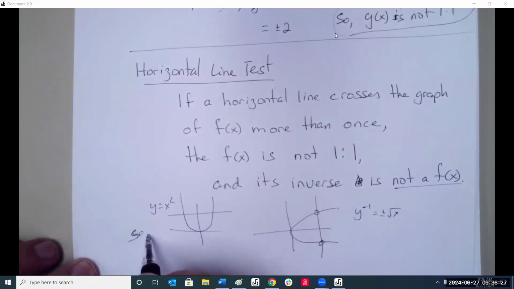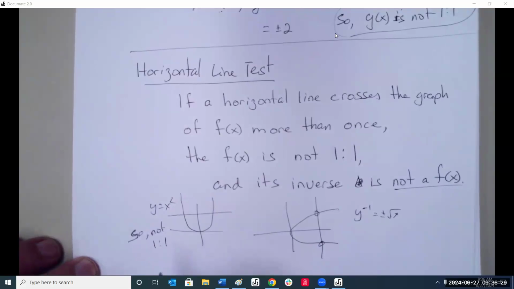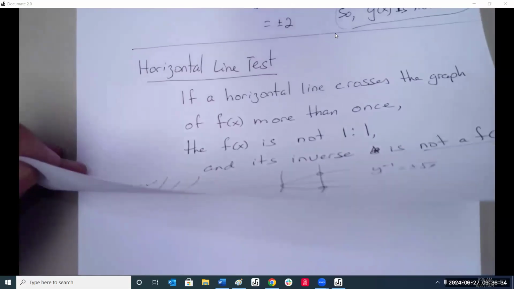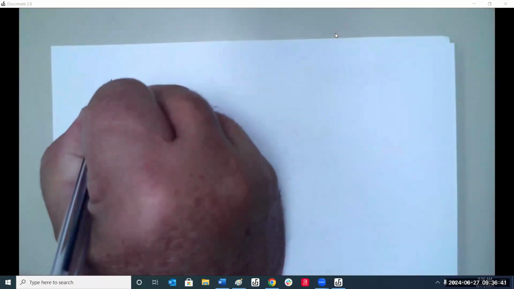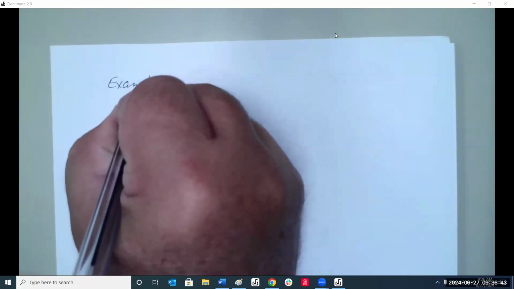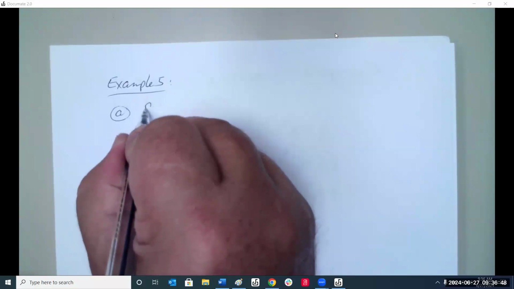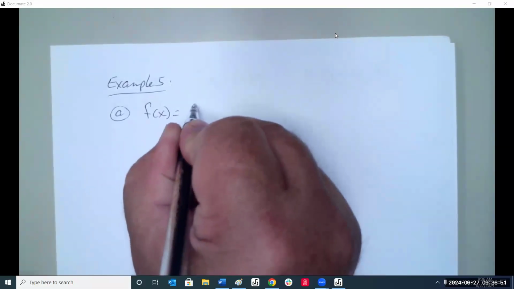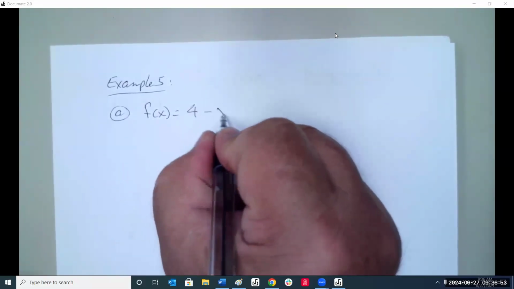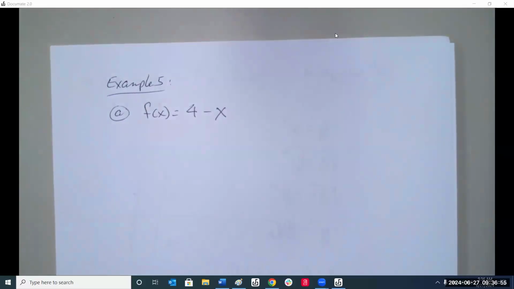So not 1-to-1. Here's some pictures. Well, example 5. A, f of x equals 4 minus x. It's asking here for the graph of the function, determine whether the function is one-to-one.